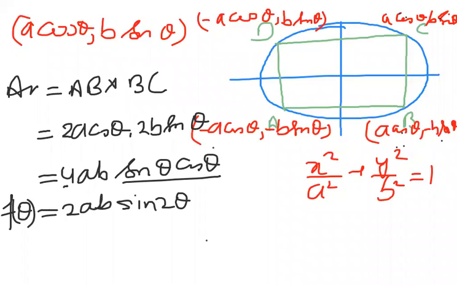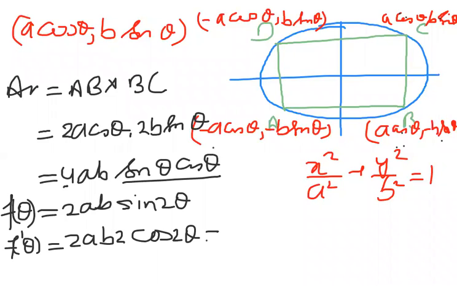Now it's very easy to simplify after this. F dash theta will be 2ab, sine 2 theta will become cos 2 theta, and then 2 theta will become 2.